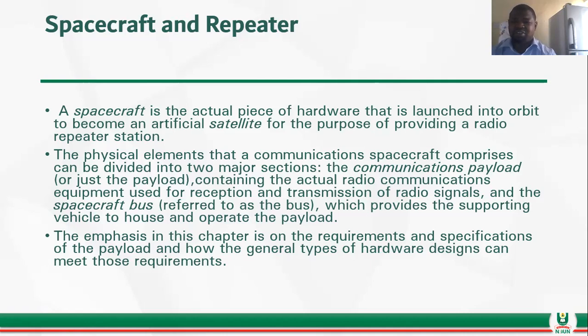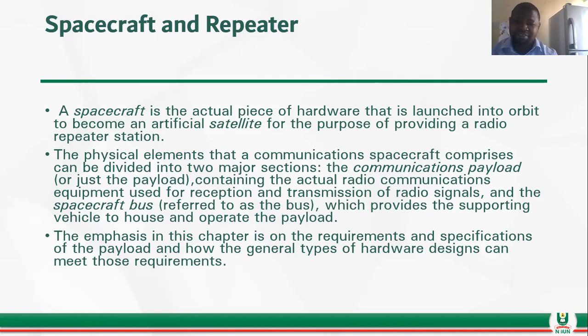The first one is the communications payload, or just the payload, containing the actual radio communications equipment used for reception and transmission of radio signals, and the spacecraft bus, which provides the supporting vehicle to house and operate the payload.